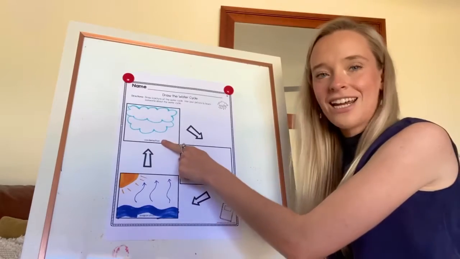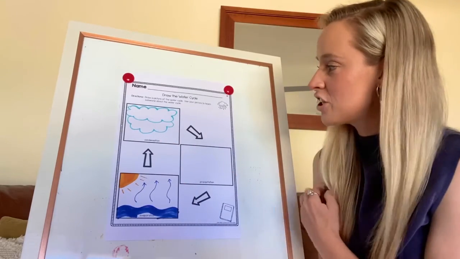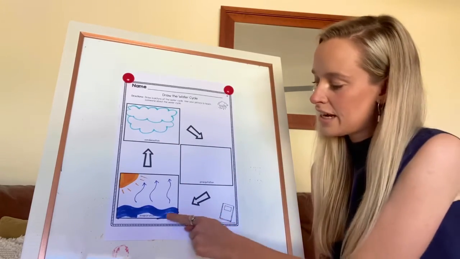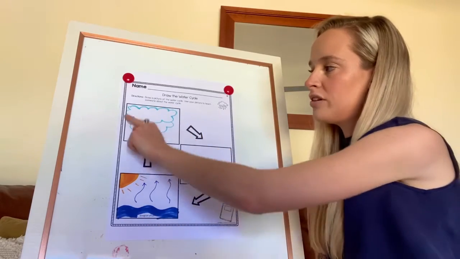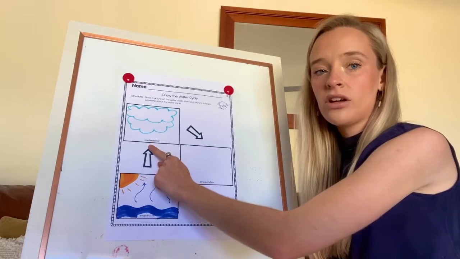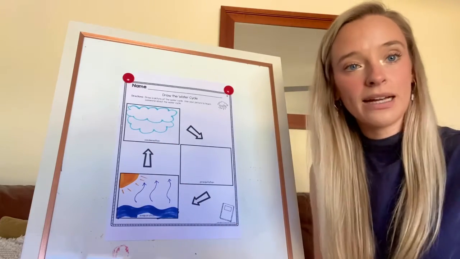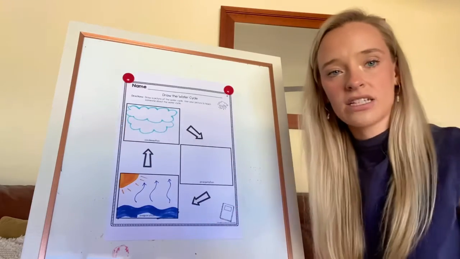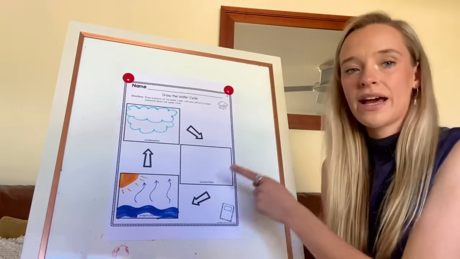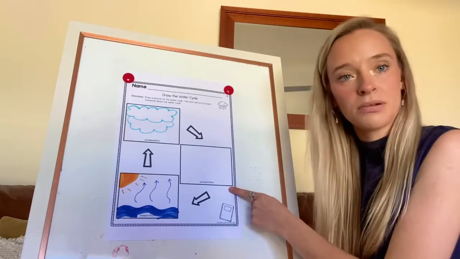Now condensation is the second stage. It's when the water that's heated up from evaporation rises into the sky and it becomes our water vapour cloud. It then cools down back into a liquid, and when it's too heavy for the clouds to hold, we get to our third stage, which is precipitation.